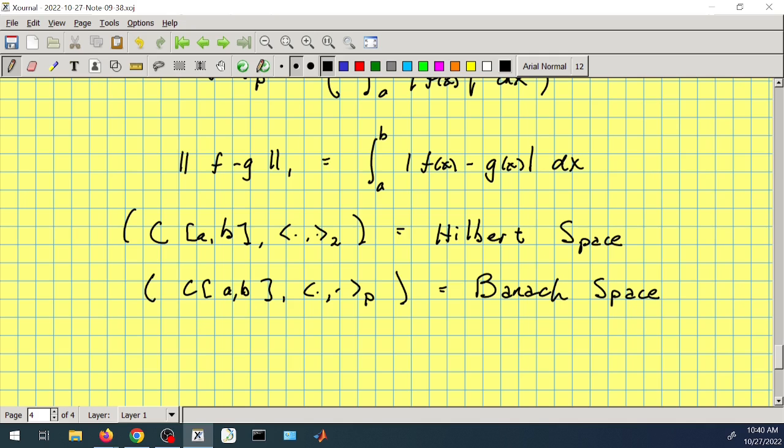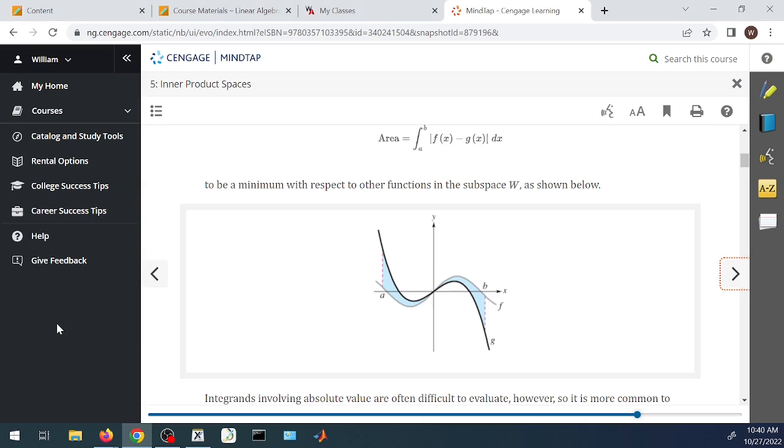So, couple of things. We now know why we're going to go to all this trouble, because our 21st century technology is rooted in it. Okay. We now know what it is we're looking at and why it's linear algebra. Because we are, amongst other things, projecting the infinite dimensional vector space of continuous functions on the interval from A to B down onto the polynomials of degree less than n, Pn.